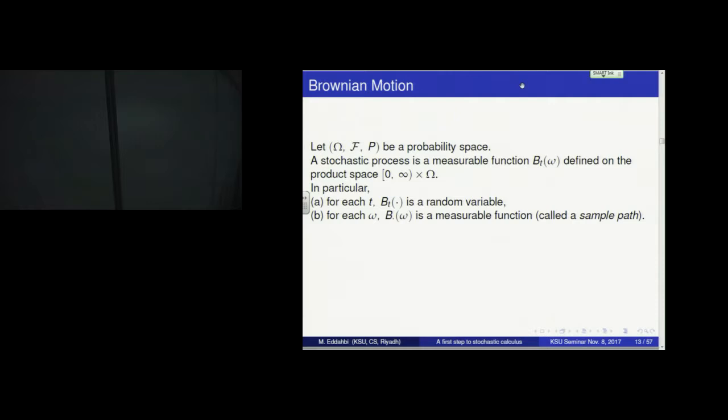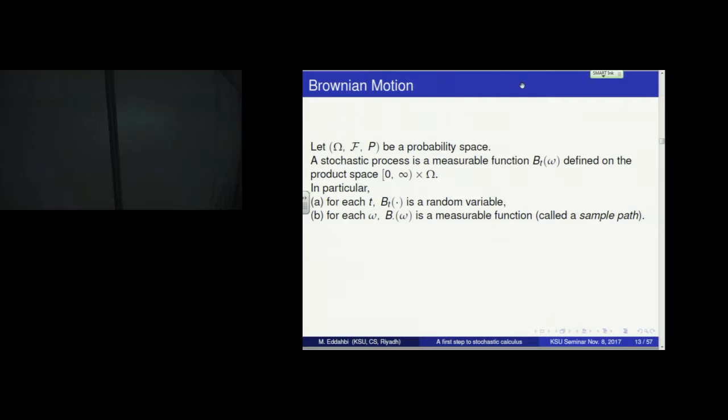Okay, so this is a mathematical definition. As I told you, this is what we call a stochastic process. You have time t greater than 0, and you have some parameter omega on this space. So this is a probability space. Or you can imagine a measured space, but bounded. And then you can divide by the total measure, and it becomes a probability. You don't care about probability, it is a bounded measured space, right?